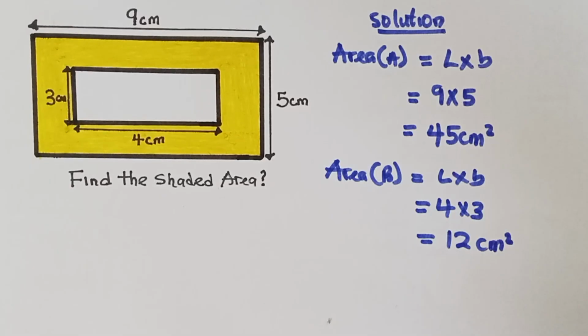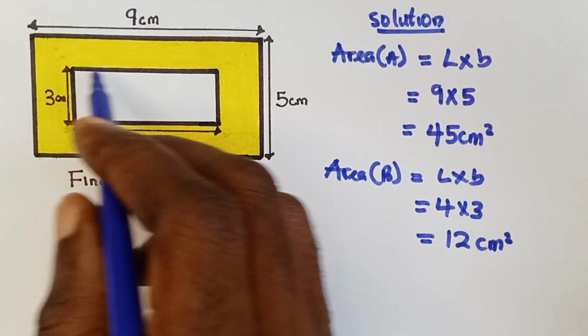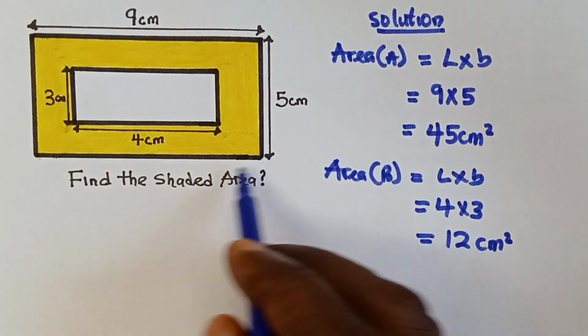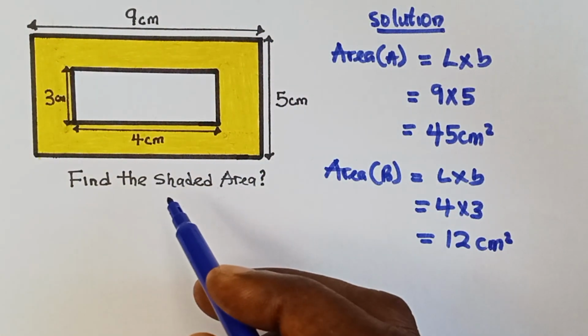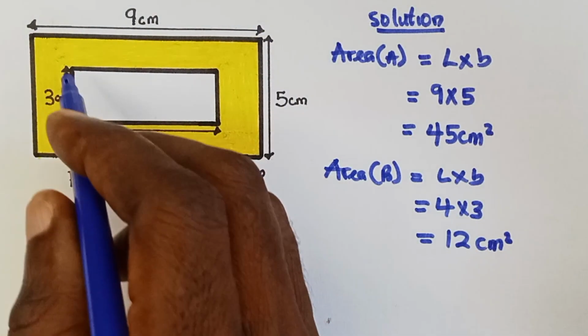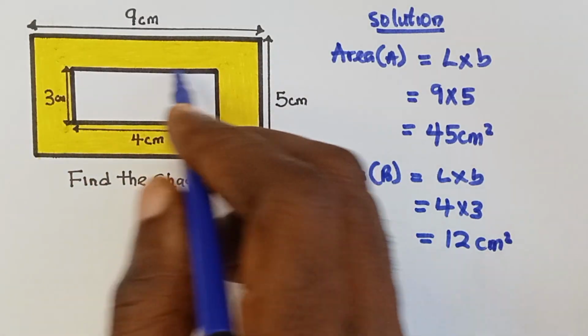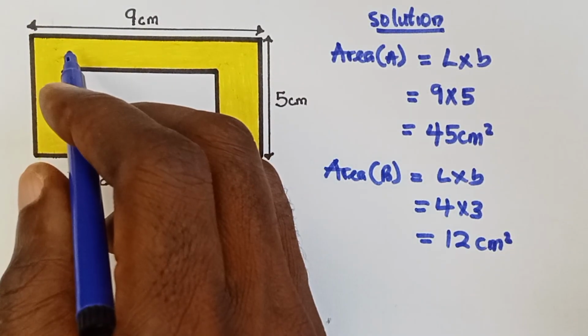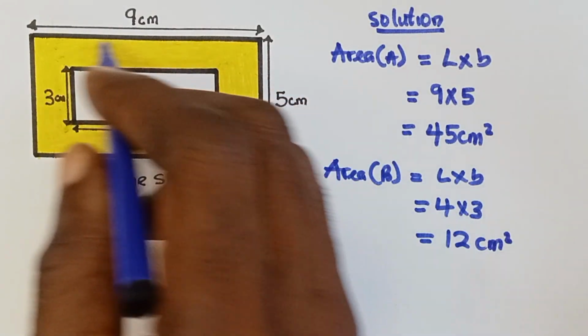To find the shaded portion, we are going to remove this inner rectangle from the whole rectangle. That's how to find the area. The smaller rectangle occupies this space, this area. By the time we remove it, we'll be left with the shaded portion, this part.